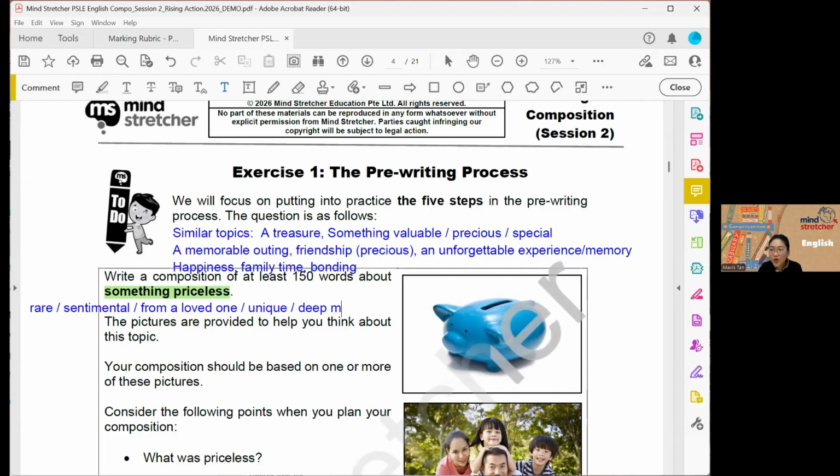So for those of you who have responded, cannot be replaced. Very good. Let me type this here. Cannot be replaced. Irreplaceable. Very good. Very meaningful.